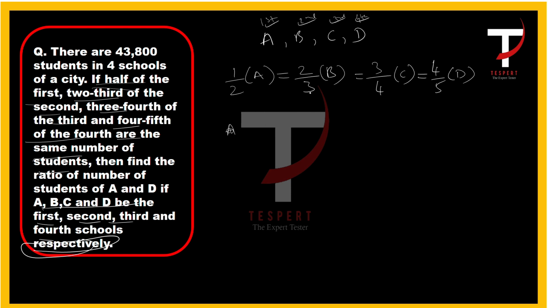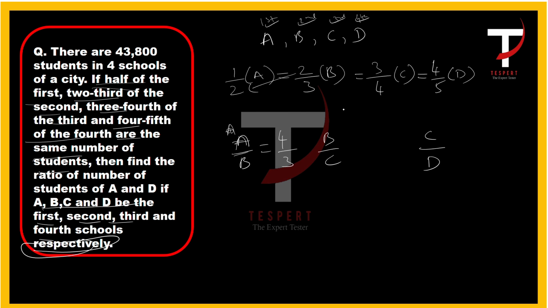To find the values of A by B, B by C, and C by D, how can we calculate these values? Just cross multiply. So A by B is equal to 4 by 3, since 2 twos are 4, 3 ones are 3.